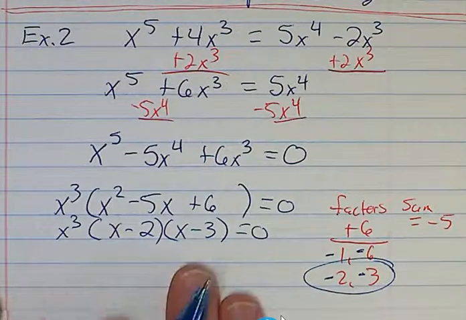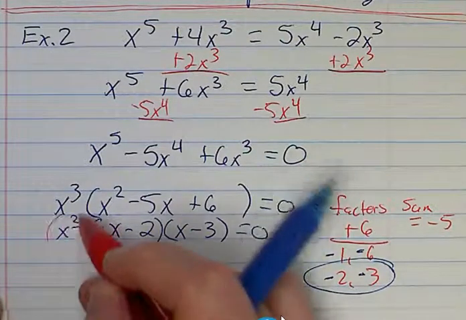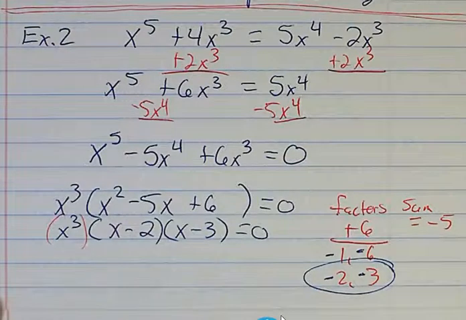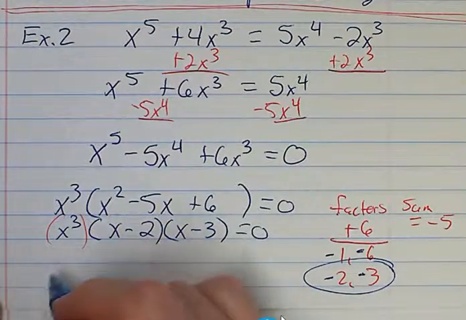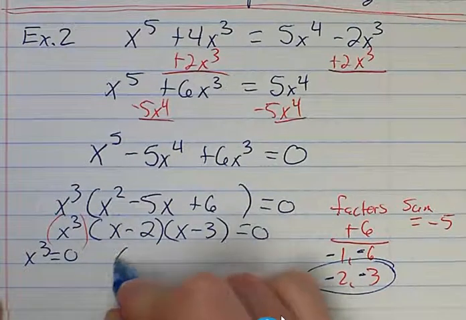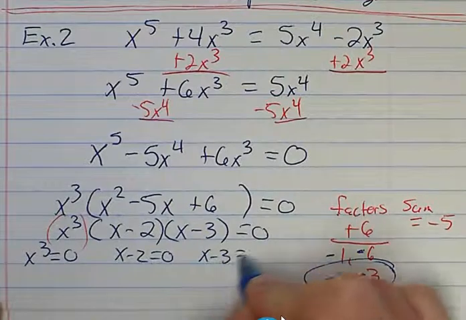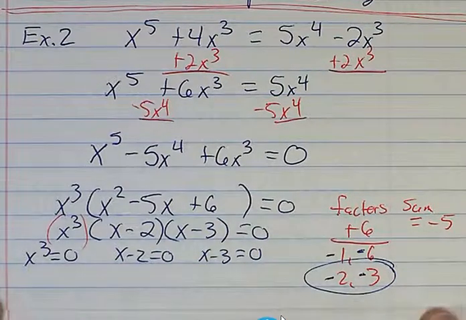Okay, so now it's in factored form, so now we're just going to take each parentheses and set it equal to 0. And technically you could put that x to the third in parentheses, if you want to think about it that way. So we've got x to the third equals 0, x minus 2 equals 0, and x minus 3 equals 0.